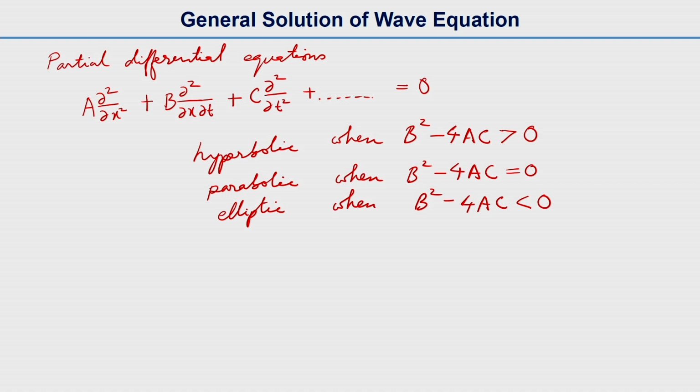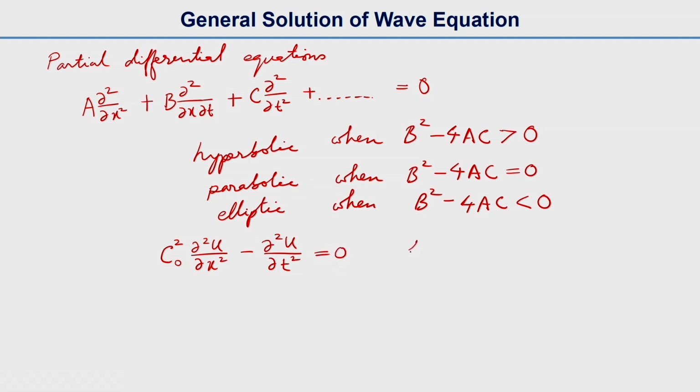In the previous slide, whatever wave equations we took can be rearranged to write in this way: c naught square times the double partial of u with respect to x minus the double partial of u with respect to t is equal to 0.